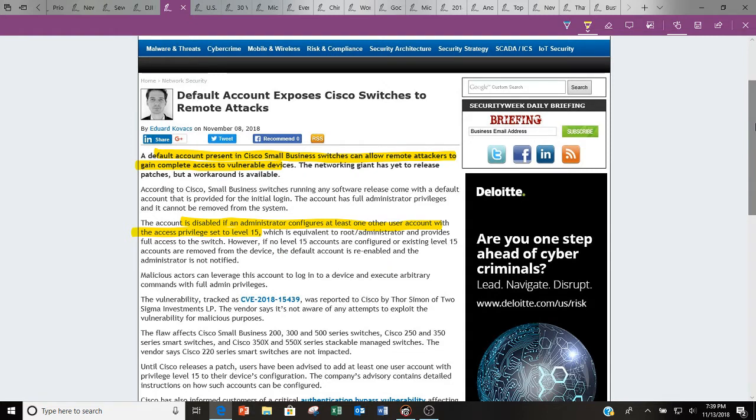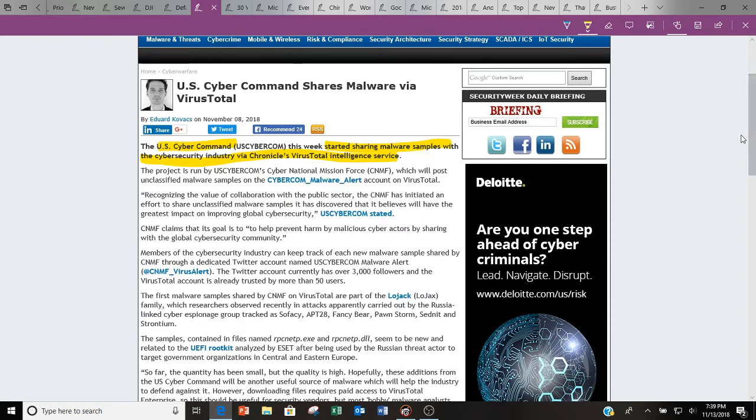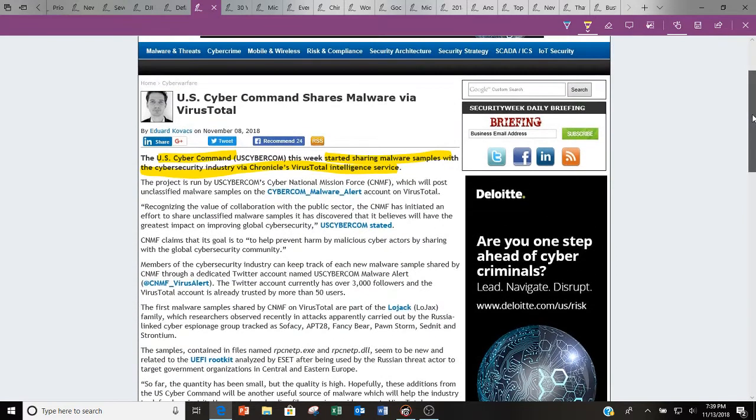If you follow best practices, and the best practice is whenever you get a new device, don't use the default administrator name. You change it. Simple as that. So if you would have changed the administrator name, you probably would not be affected by this vulnerability.